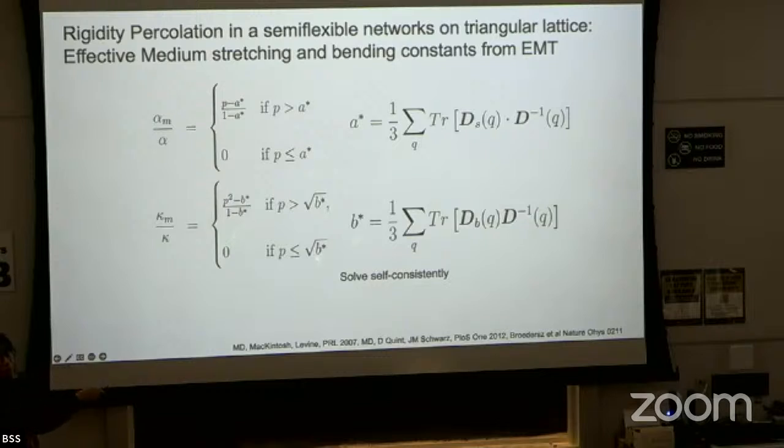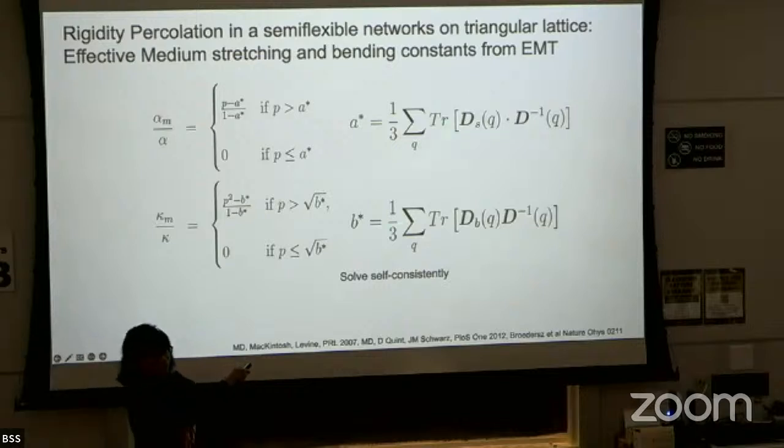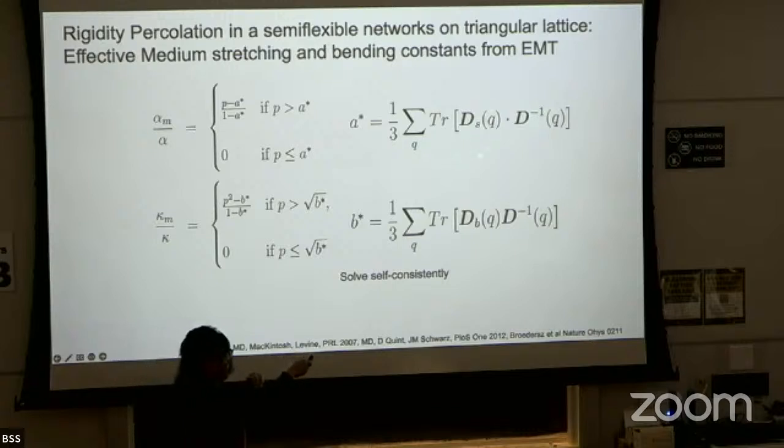But my A star and B star are not the same as they were before, right? Because for A star, if I did the full calculation, what we would see is that this is not the trace of the full dynamical matrix multiplied with the inverse of the full dynamical matrix. It's the trace of the stretching part of the dynamical matrix, because A star corresponds to the contribution of the network geometry to stretching between nodes, right? So this is only the D_S part, but then the inverse is for the full dynamical matrix.